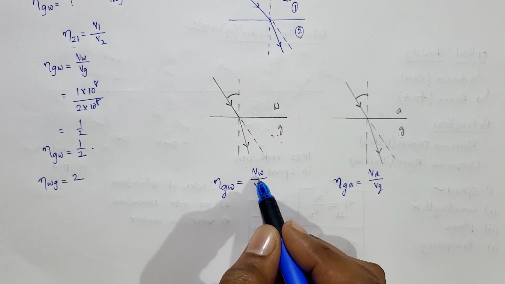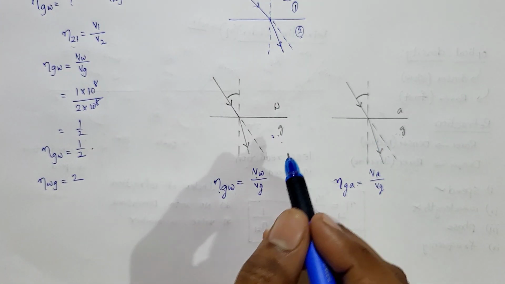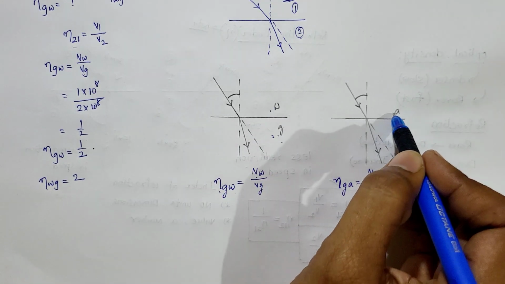Why? Because speed of light in water and speed of light in air is not the same. Yes or no? So obviously these values will not be the same. You have to understand that the same glass medium gives two refractive index values when measured with respect to water and with respect to air.